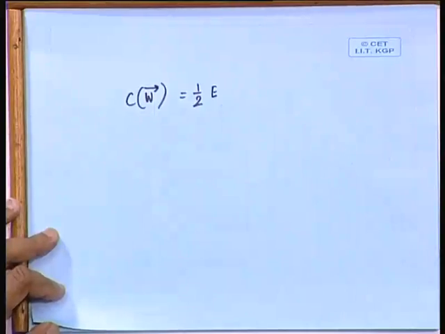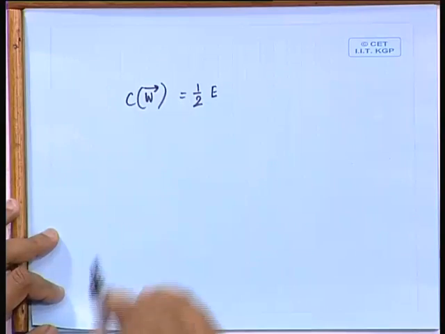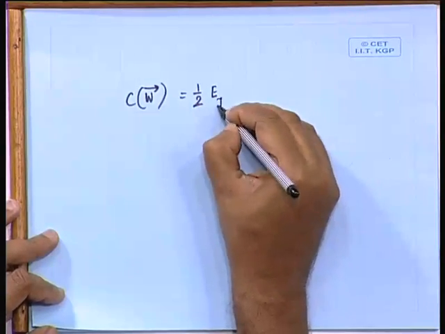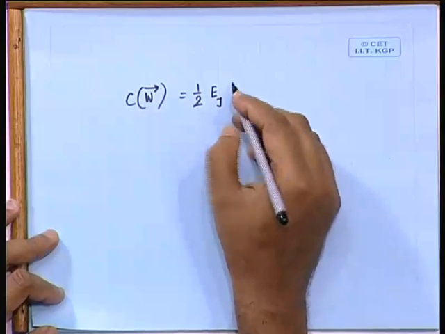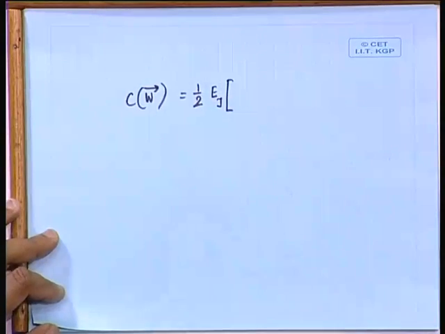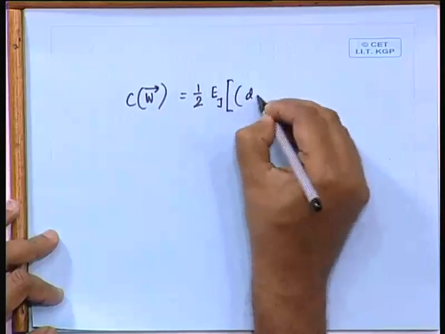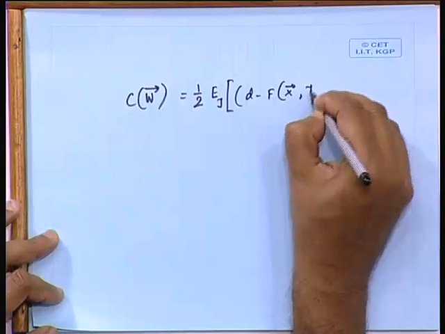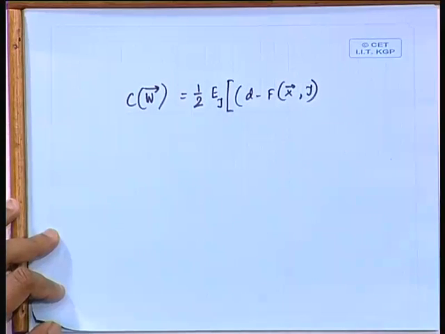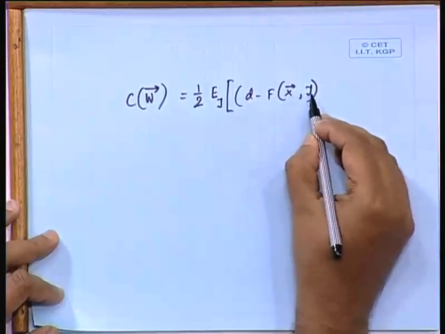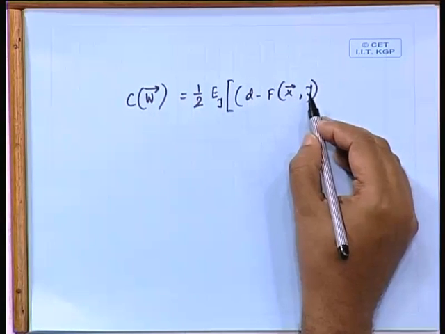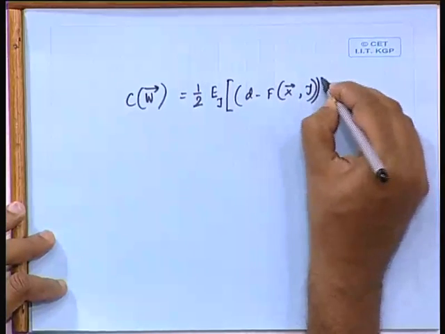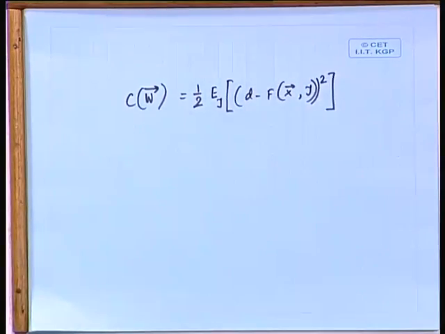So, we can represent C(w) in terms of the average of the square error as follows. Here this average is over the training samples, that is the set of training samples, so it is average E over T. This thing we can represent as E_T of (d minus F(x vector, T)) squared, because I have already said that instead of x vector comma w vector I could interchangeably write it as x vector comma T. Only thing is that I did not write the 1/n multiplication, that is implied.